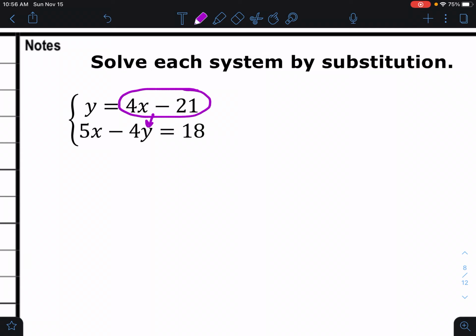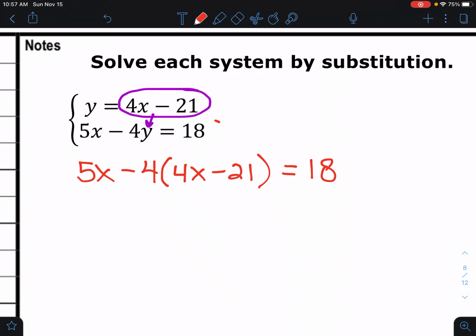When I write my equation, I would have 5x minus 4 times, now I'm going to put all this in parentheses because it's more than one term, so times 4x minus 21 goes there. And now equals 18. So I'm going to finish copying this.